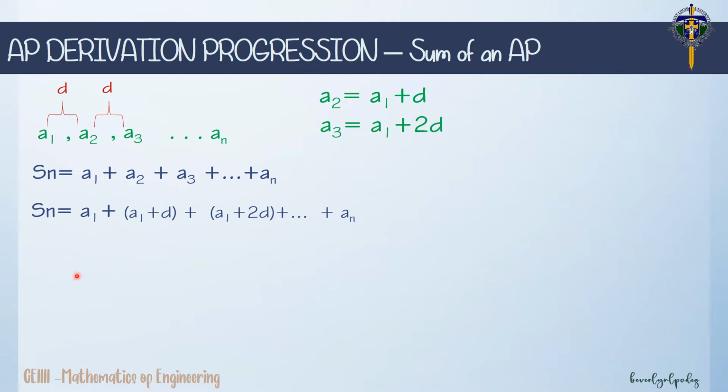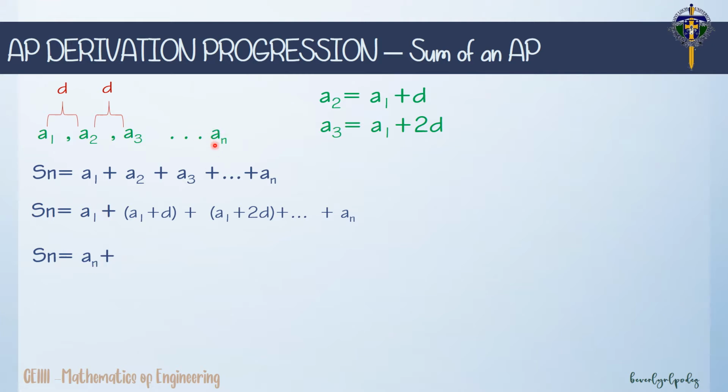We can also get the summation of arithmetic progression starting from the last term going towards the first term. So if we are going to do that, the summation of arithmetic progression is equal to the last term, a of n, plus what is the term?